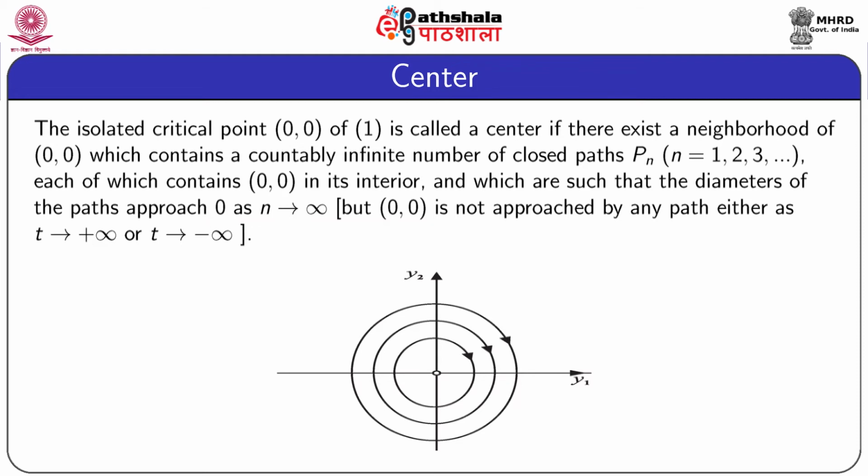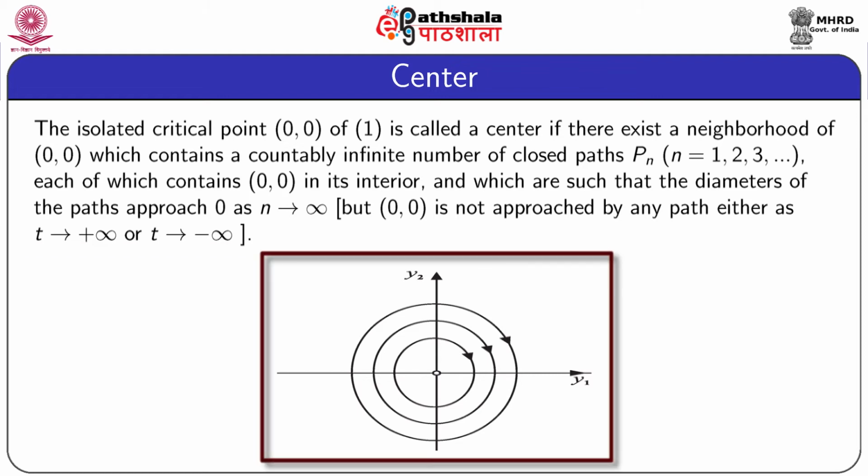Please note that (0,0) is not approached by any path either as t tends to plus infinity or t tends to minus infinity. Now, if you look at the figure, this contains an infinite number of closed paths which may not be circular in nature, though the figure shows it as a circle, it can be any closed path.